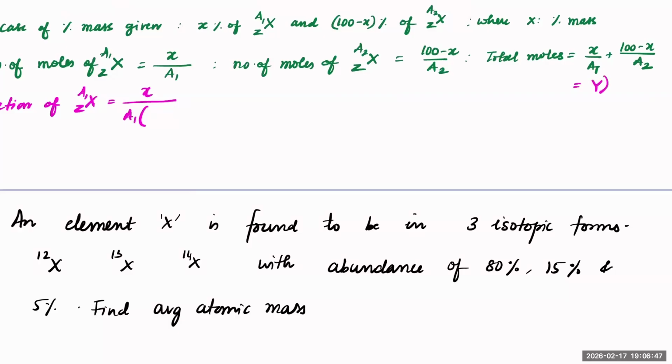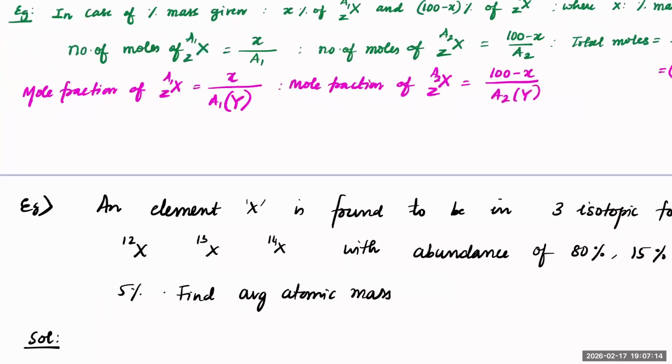For our simple understanding, let us put it as capital Y. So this into capital Y is the mole fraction, isn't it? Similarly, the mole fraction of X A2 and Z will be equal to 100 minus x by A2 into Y. Got it? Yes. Now I got the mole fraction.